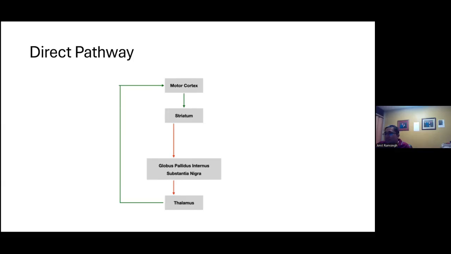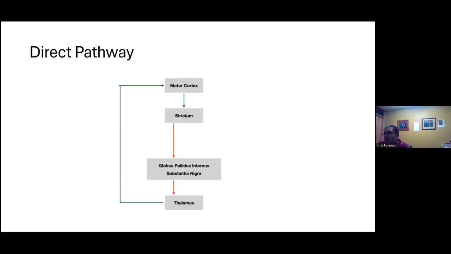Now, this is important because it basically dampens the activity of these two components. If you dampen the activity of the substantia nigra, its inhibitory effect is going to be less on the thalamus. That means the thalamus is going to be more stimulated because there's less dampening effect.